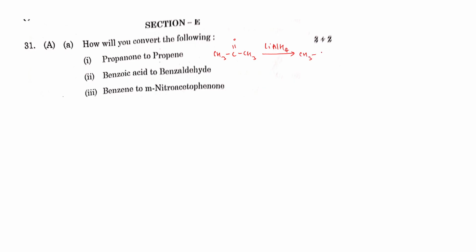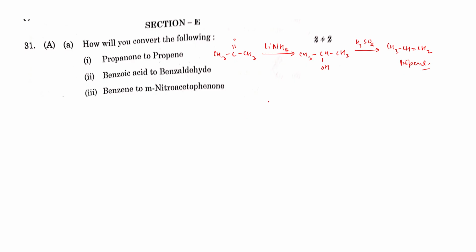When ketones are reduced, we get alcohols. Then put H2SO4. H2SO4 is a dehydrating agent, so we will get CH3CH=CH2. So basically we have propene. Even other methods are possible.